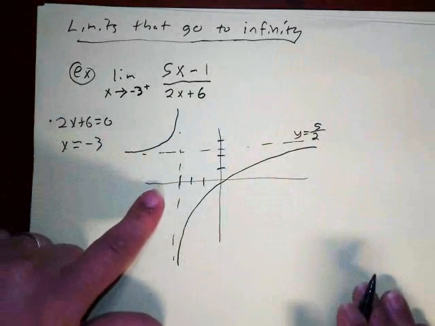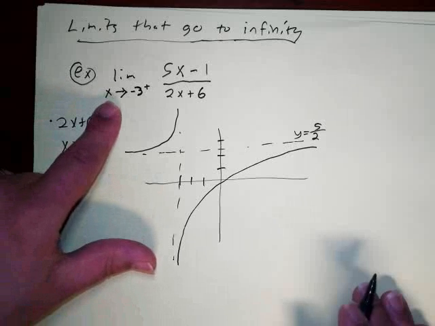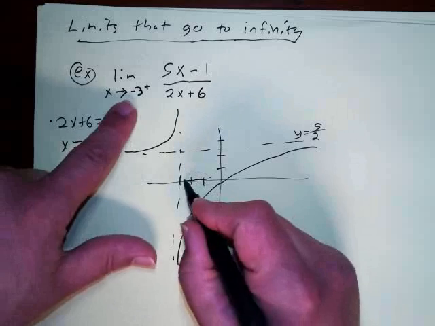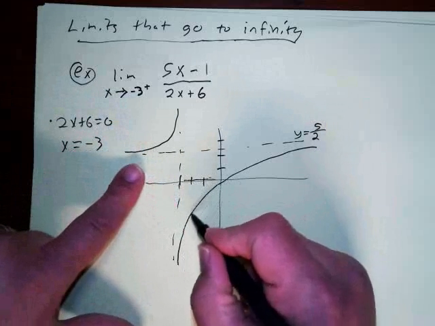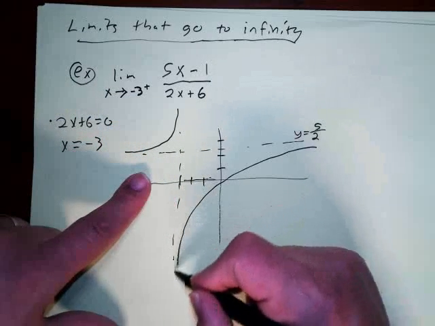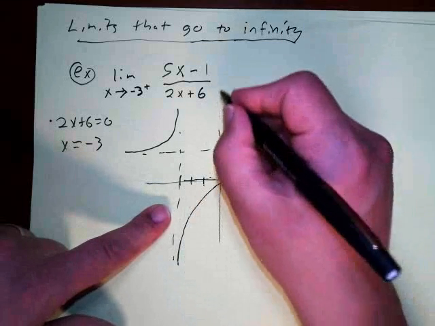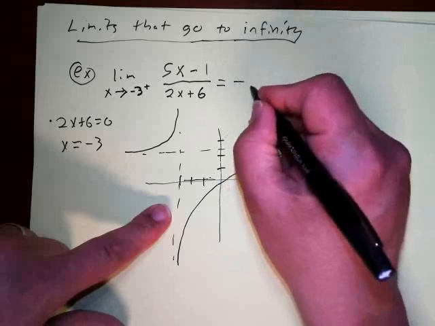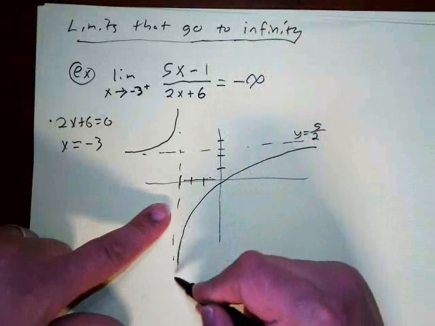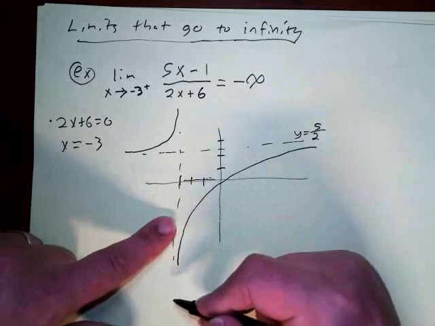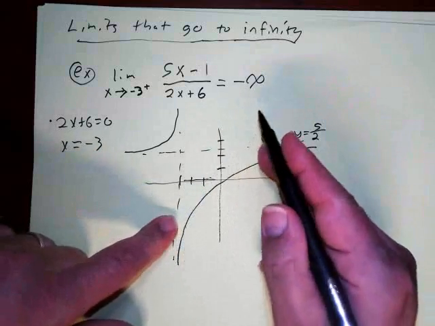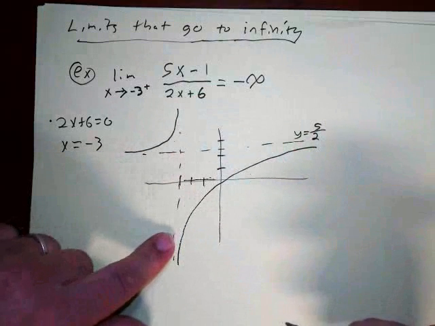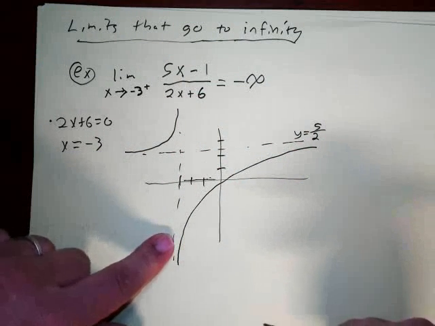Okay, and so as you approach -3 from the positive side, so as you're approaching here, the graph is going off into infinity. And so what we would say is that this limit is equal to -infinity, because it's actually going down to -infinity. Limits that go to infinity are these places where vertical asymptotes occur.